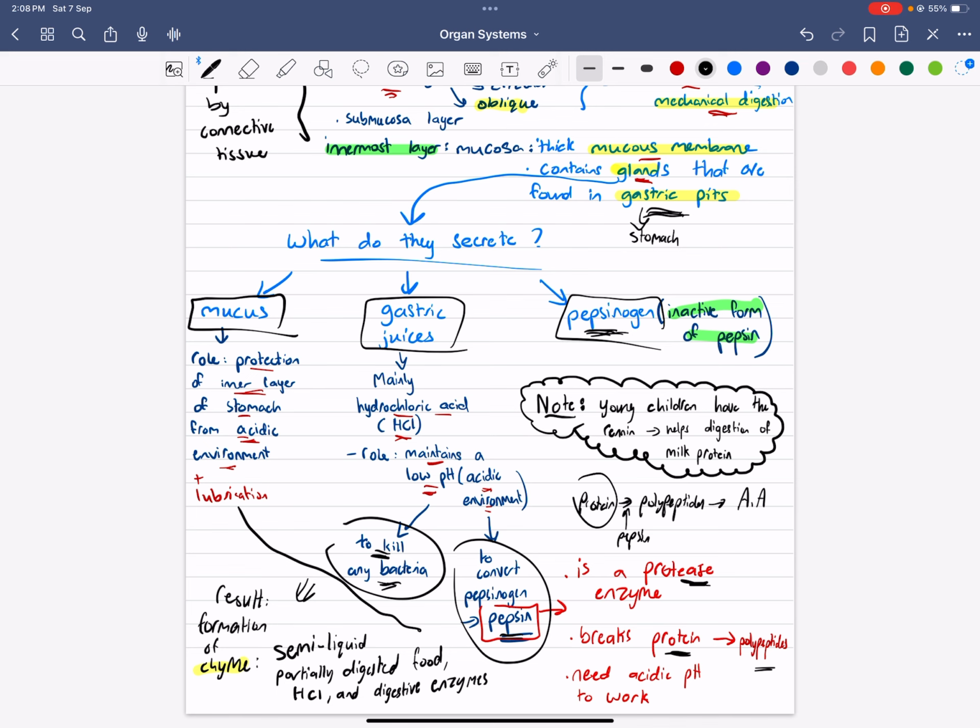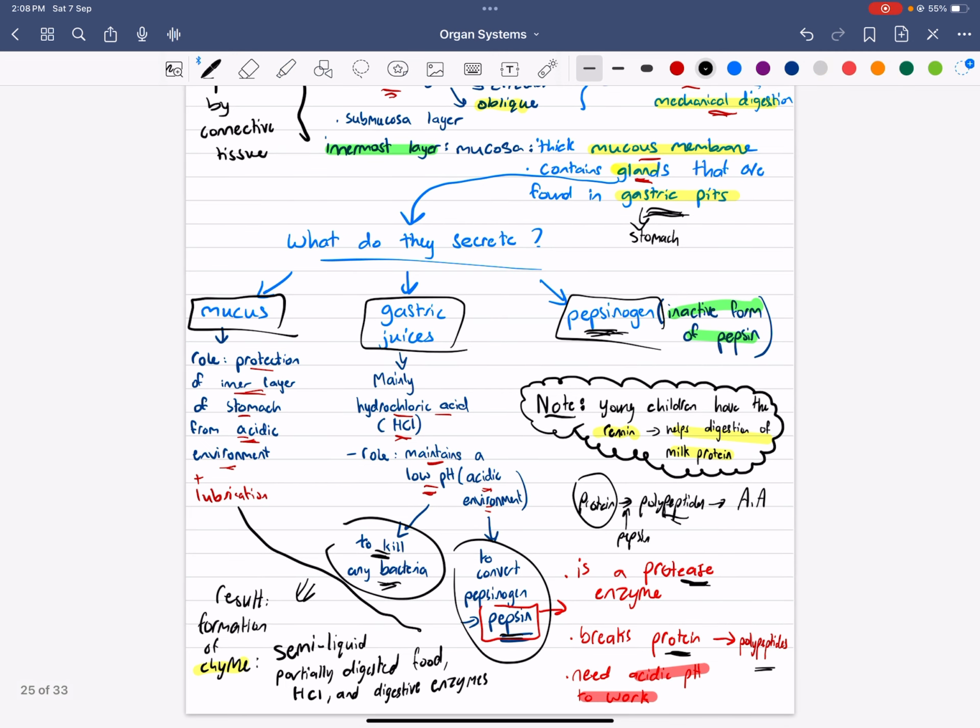Pepsin breaks proteins into polypeptides, and for pepsin to work, it needs an acidic pH. And I also added a small note. Usually children do not have pepsin. As they grow older, they develop pepsin. They have another enzyme called renin, which is also a protease enzyme, and it helps the digestion of milk proteins.